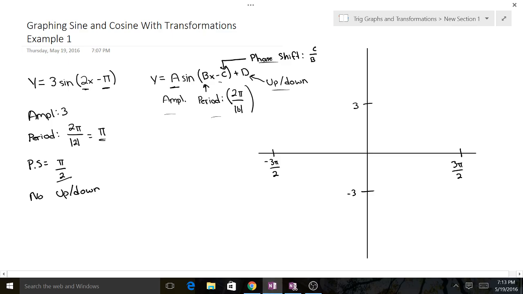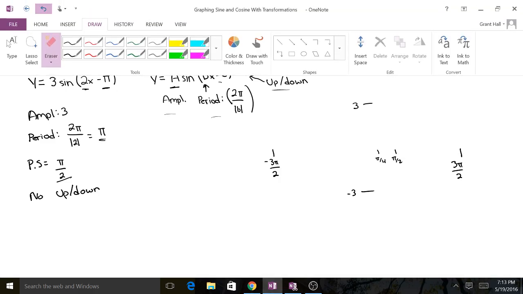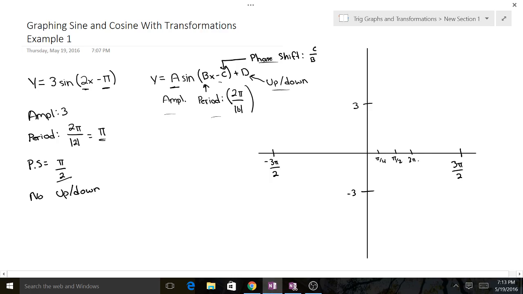And for this one, we've got a length of pi. So that means that we need to divide the period by 4, and those will give us all the important points. So we need to have a marker every pi over 4 units. So let's start pi over 4, pi over 2, 3 pi over 4.